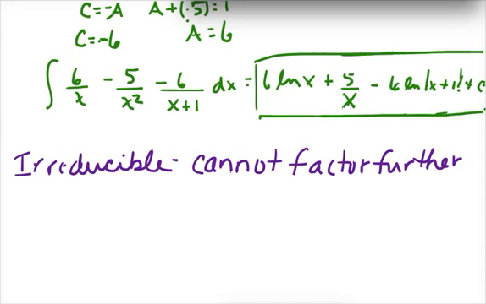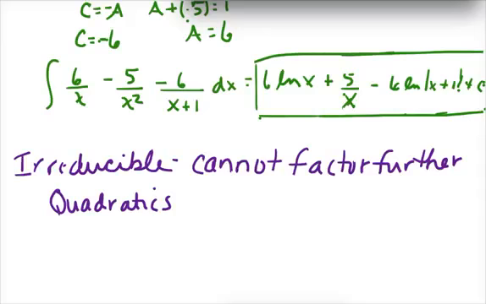You can easily check whether a quadratic is irreducible, and that's primarily what we're going to be looking at, quadratics. We're not going to go beyond that. It's beyond the scope of doing things by hand. To determine whether a quadratic is irreducible is pretty simple. You just look at the discriminant.